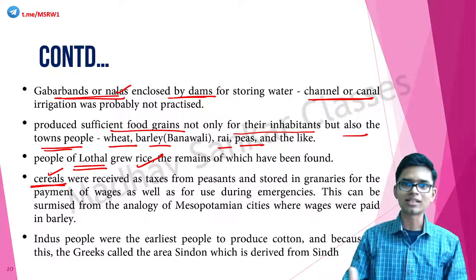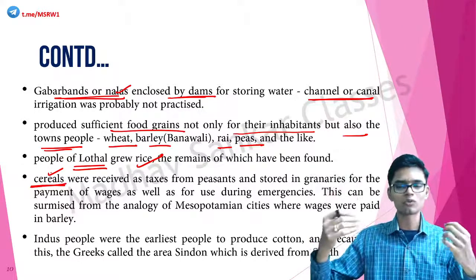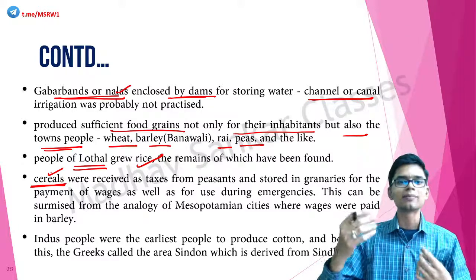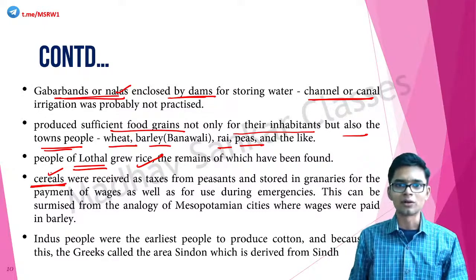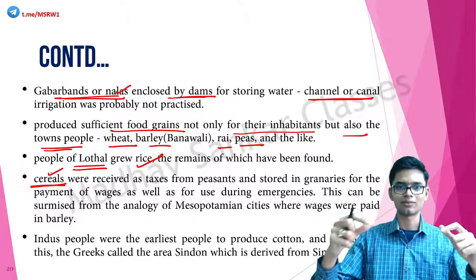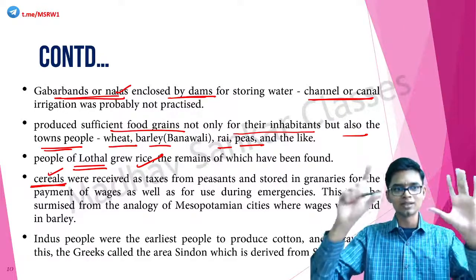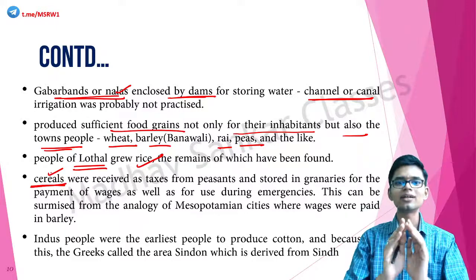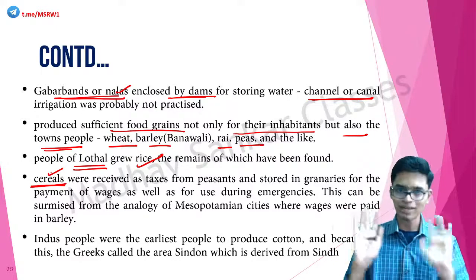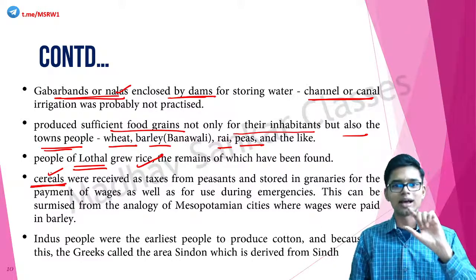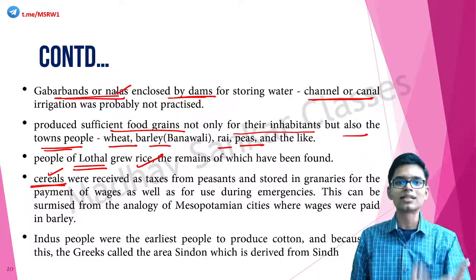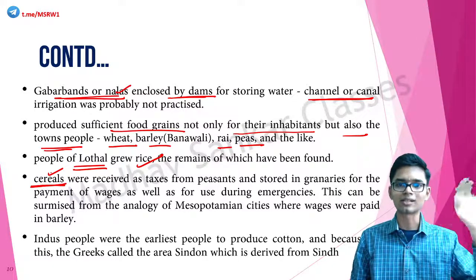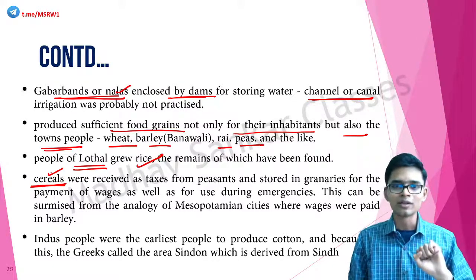Obviously, such huge granaries would not have been maintained by private individuals. It should be a government building, or, I mean, we are not sure about the system of government, but it should be a building which is collectively owned. We can say that, right? So historians believe that the cereals obtained as taxes were all kept in these granaries.